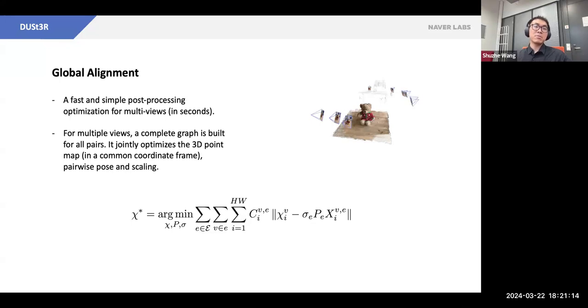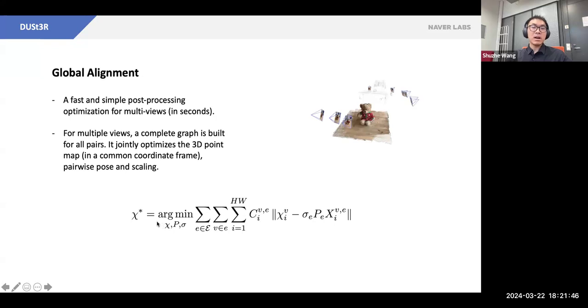For multiple views, we first build a complete graph of all the pairs, and then jointly optimize the 3D point map together with the pairwise poses and the scaling. Here chi is the 3D points in a common coordinate system that we wish to output, and we have the scaling vector, the pairwise camera poses, and this X is the prediction from DUSt3R, weighted by the confidence map.